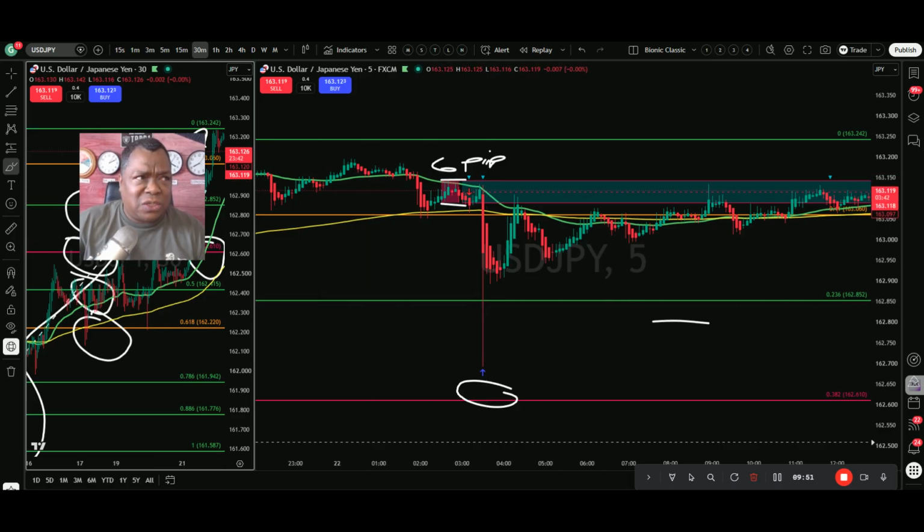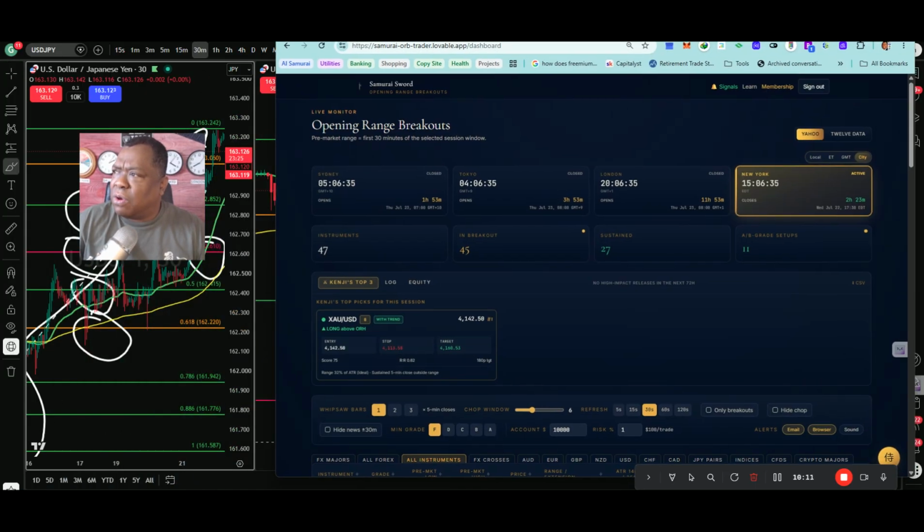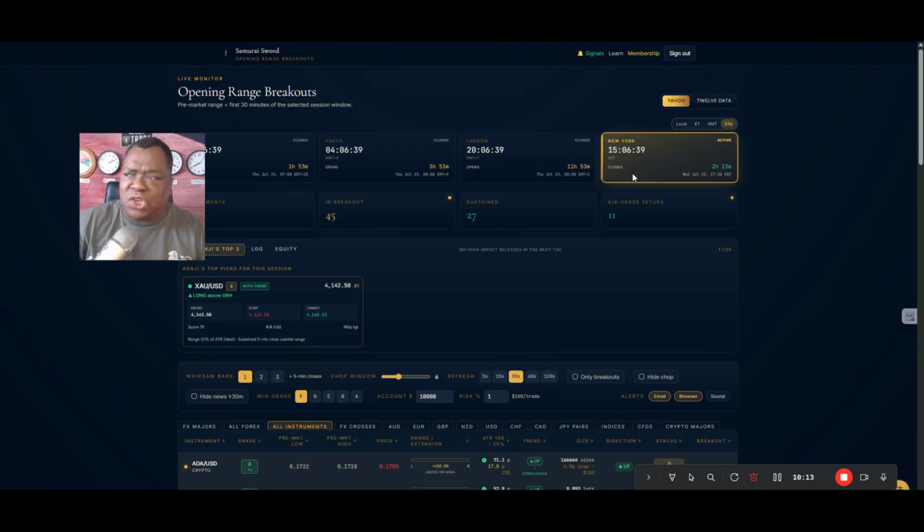I mean, the samurai sword allows you to look at it almost like American football where you have the line of scrimmage. This is the line of scrimmage or the scrum line where the market kind of decides where it wants to go. And then we have a tool called the Samurai Opening Range Breakout that when you're a member of our 50 to 50K challenge, you can actually have access to.